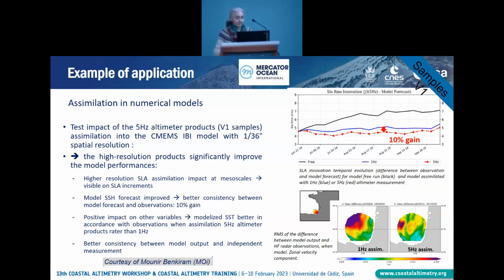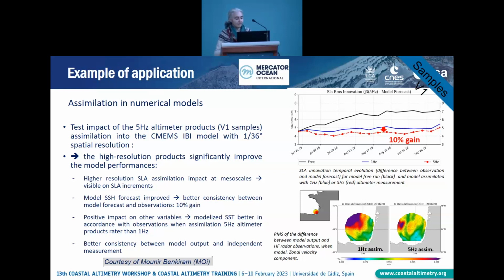And they also said that when they assimilate the 5 Hz product instead of the 1 Hz, they have a significant gain, a reduction of the error of the model by about 10% for the sea surface height. They also observed a positive impact for other variables from output of the model, like, for example, sea surface temperature at the surface and in the bottom, which is better consistent with other observations when assimilating the 5 Hz product.